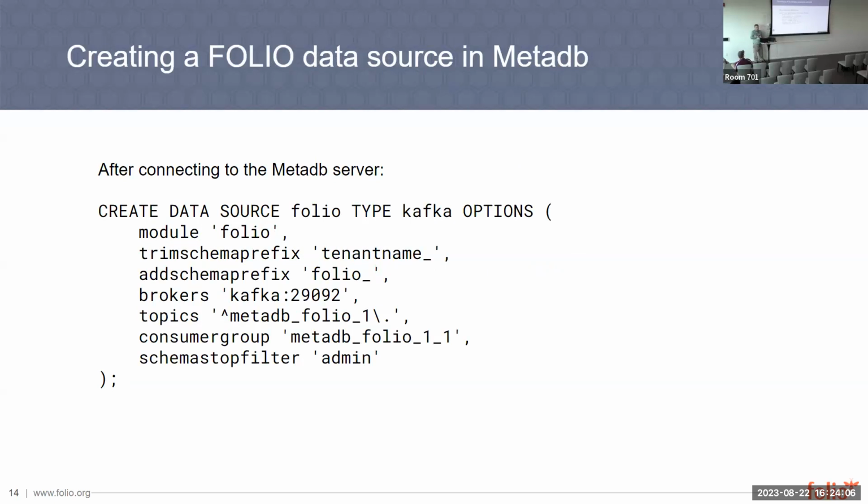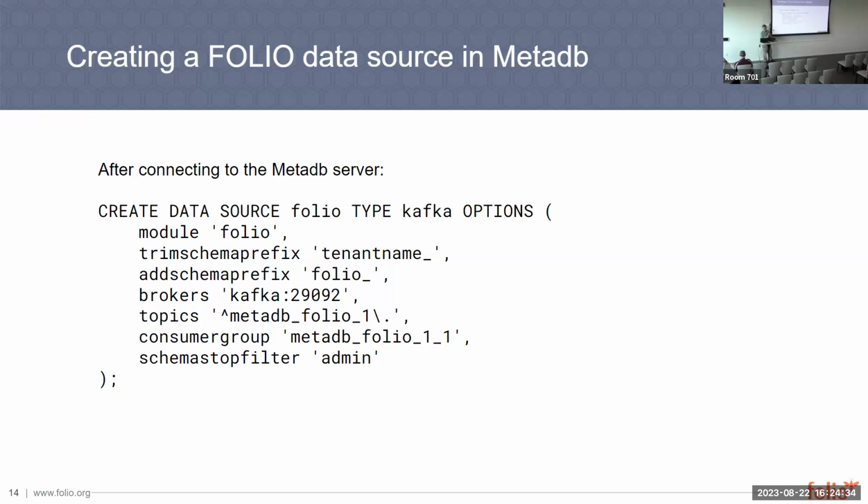And now to tell MetaDB to read from Kafka, you connect to the MetaDB server and you use these SQL-like commands. This is not something that's supported by Postgres, it's specifically MetaDB, but you create a data source. This one is for Folio, so we just call it Folio. And then there are some parameters there.